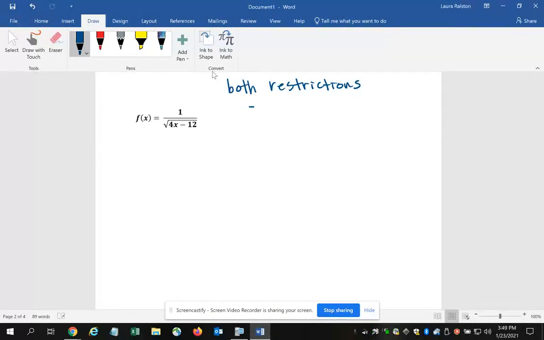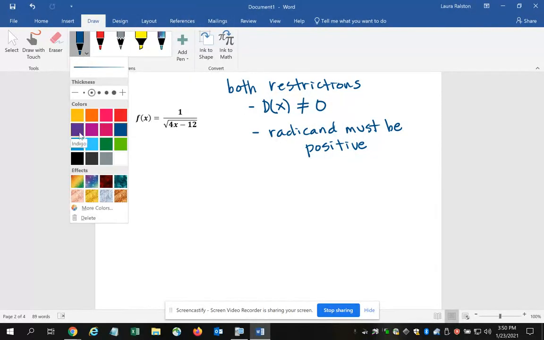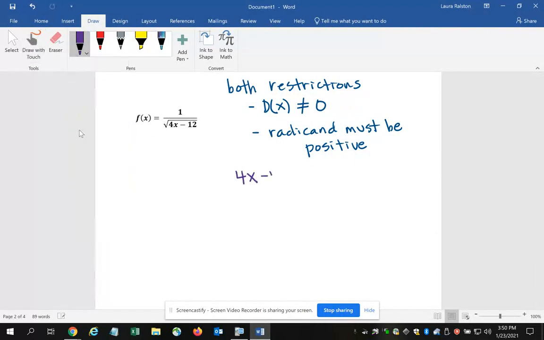That means that the denominator cannot be 0, and then that basically means your radicand must be positive. You can no longer say that your radicand is 0 because it can't be 0. So you have to fit in both restrictions. So we would have 4x minus 12, which is our radicand, is greater than 0. It can no longer be equal to 0. So we leave that part of it off.